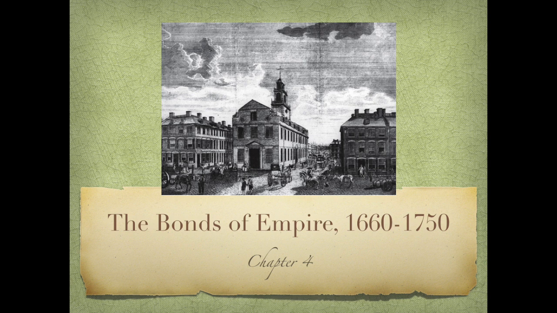You also start to get a glimmer of where things went wrong between the colonies and the rest of the British Empire as well. And so we have some conflicts. We'll talk about British economic policy and generally colonial life and what sort of things are influencing colonial life in this chapter.